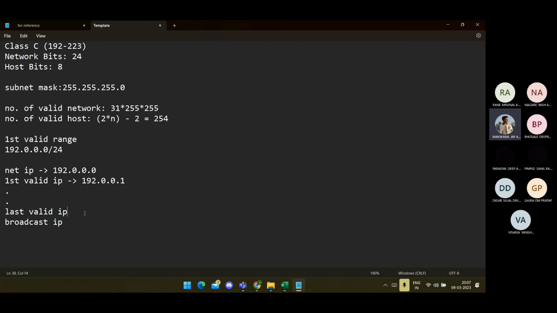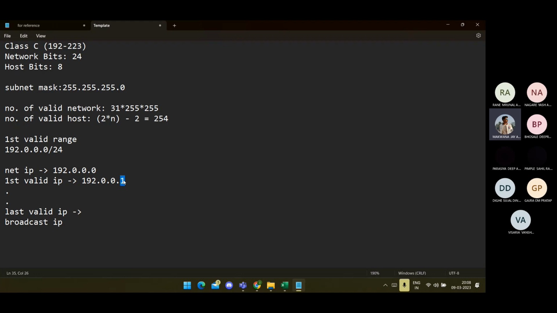Okay. So what will be the last valid IP for this? So in class C, we have only 1 octet for the host bit, right?